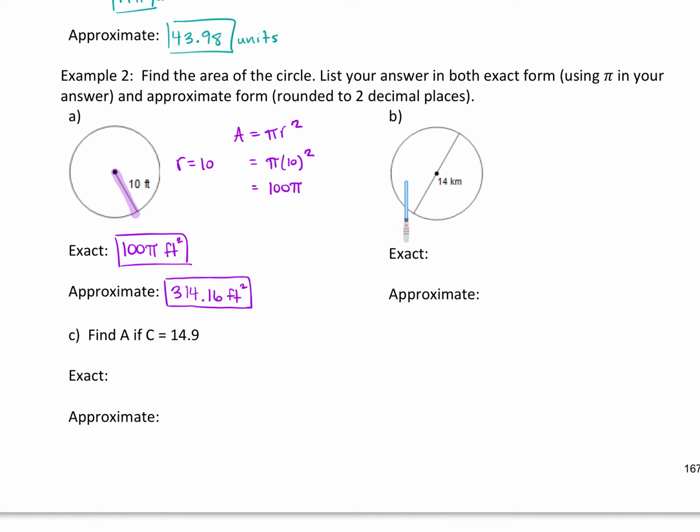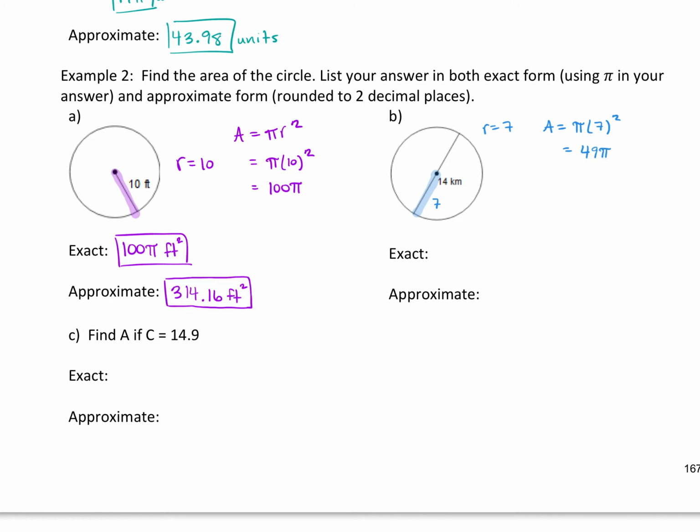Area is the unit squared. And for this example here, notice that the 14 goes all the way across the circle, but we just want the radius again. And so half of 14 is 7. The radius is 7, which means area is pi times our radius squared. 7 squared is 49.